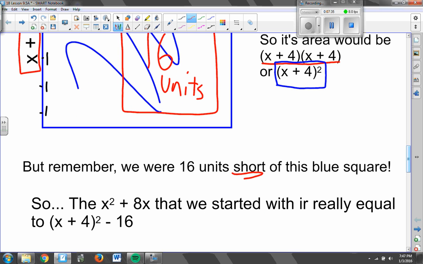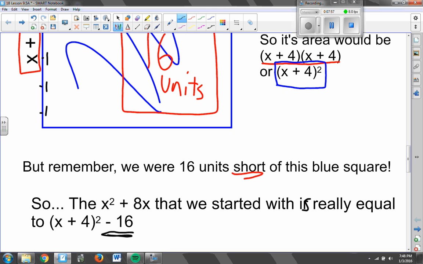So the x squared plus 8x that we started with is really equal to x plus 4 squared, that big blue square, but minus 16 units.